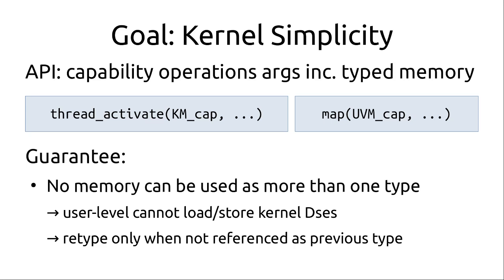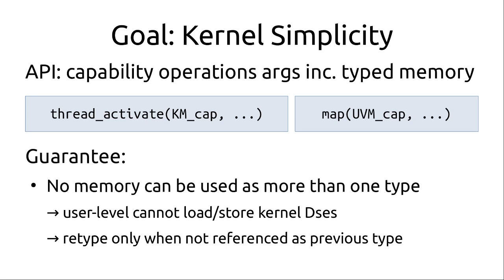So if it's kernel memory, it can only be used in reference as kernel memory. If it's user-level virtual memory, it can only be used in reference as user-level virtual memory. If it's untyped, it can only be used in reference as untyped memory. And as you see, each of these types of memory have different operations that can act on them in ways that are specific to that functionality of that type of memory.